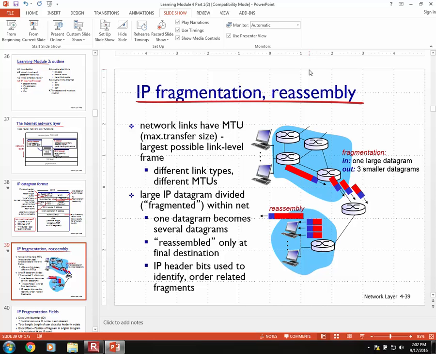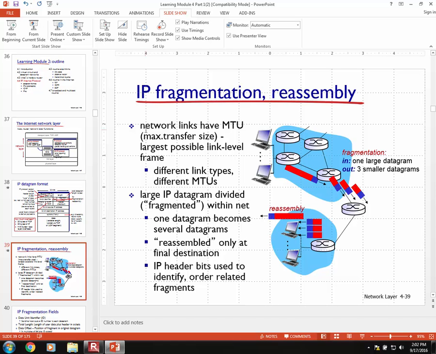Basically, network links have a maximum size called the maximum transmission unit, which is the largest possible link level frame, and different link types have different MTUs. We're going to see that when we talk about the link layer.